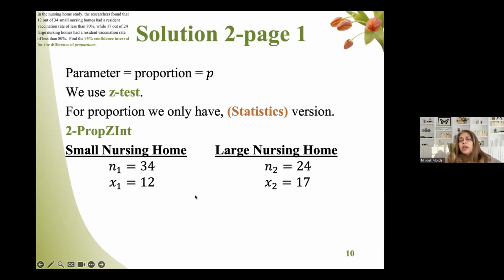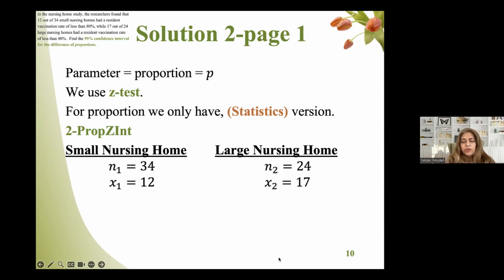In this case, I have given you n1 and x1, what you need. But if I have given you n1 and p1 hat, n2 and p2 hat, you have to use the formula: x1 would be p1 hat times n1, and round your answer to a whole number. Okay, so let's go to my calculator.